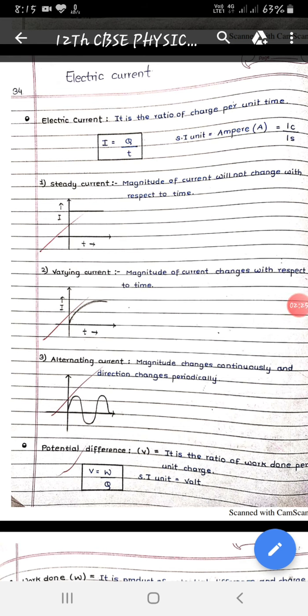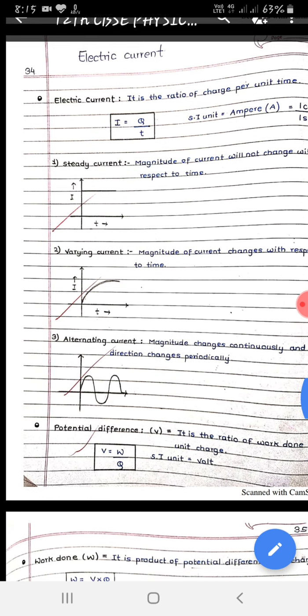Such a current is called a steady current, meaning the magnitude of the current does not change with respect to time; it always remains constant as time passes. Such current is called steady state current, and it is also called DC current. Now the next type is varying current.